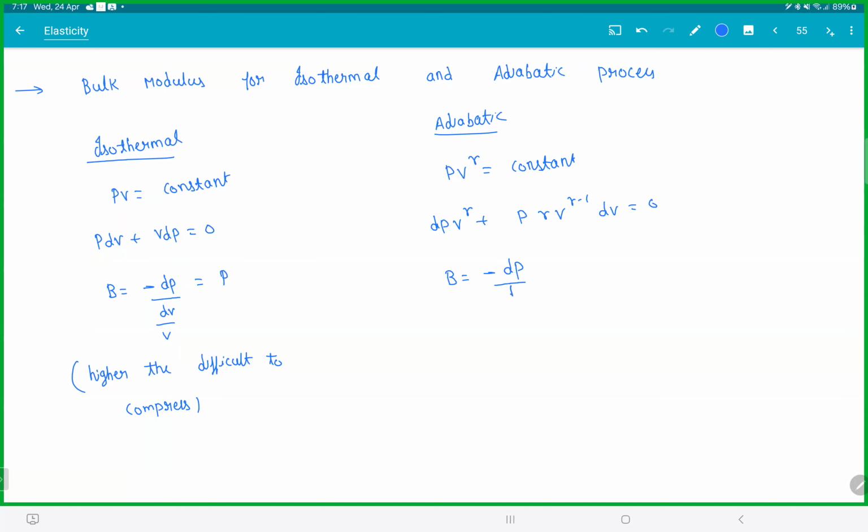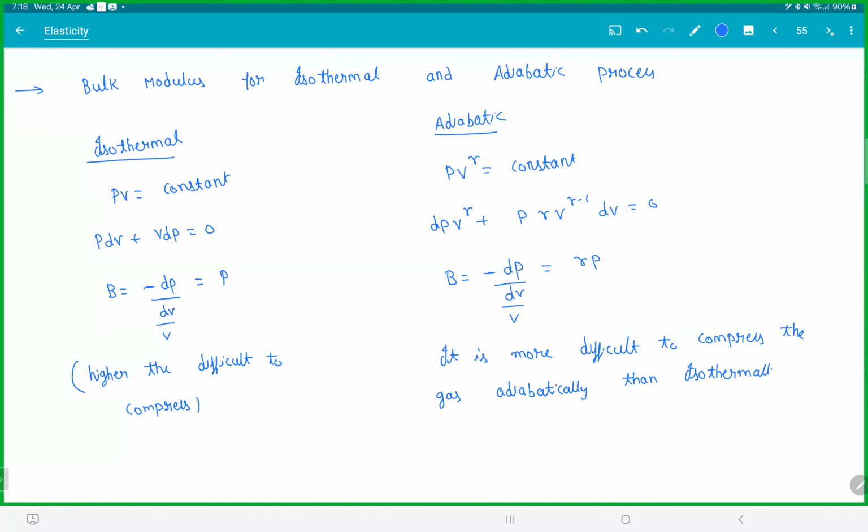So if you do minus dP by dV by V, you end up with gamma P. So you can clearly see here, it is more difficult to compress a gas adiabatically than isothermally. Gamma P is always greater than P.